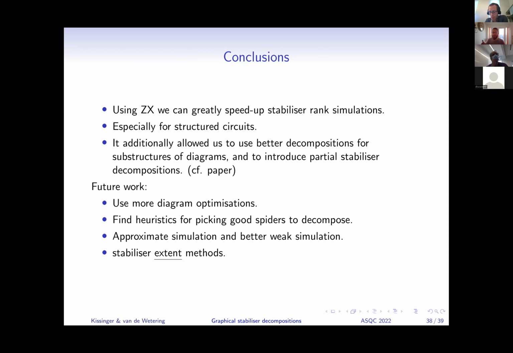So this was all strong simulation stuff, which you would expect is harder than weak simulation. And also trying to apply some ideas around stabilizer extent, which is a different kind of measure of how close you are to stabilizer states as a sum, but now in a continuous measure rather than just counting the number of terms. So we're thinking about trying to ZXify this.